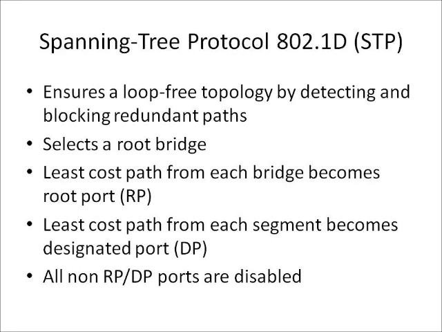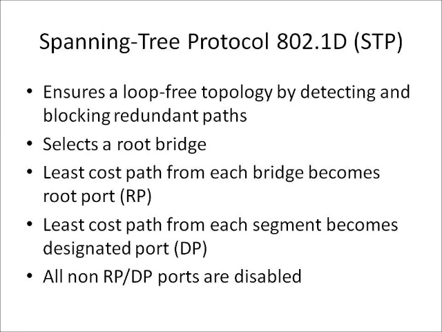So if you think about a tree, it has a trunk and then large branches and then going out to smaller branches, but never do any branches normally interconnect. What Spanning Tree does is it has the concept of selecting a root bridge, and from that root bridge the rest of the network topology is built in a manner that no bridge or switch loops back to another bridge or switch in a loop type fashion.